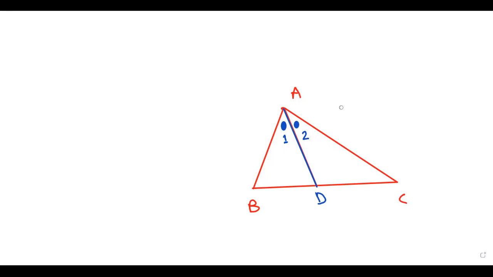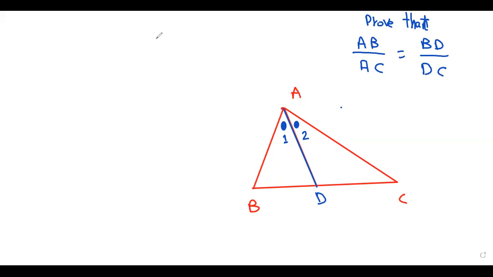I want to prove that AB over AC equals BD over DC.